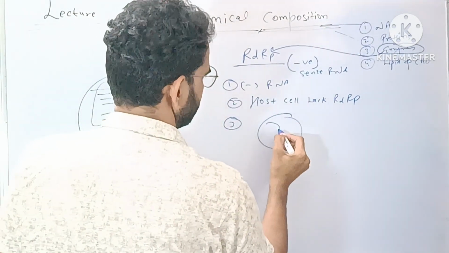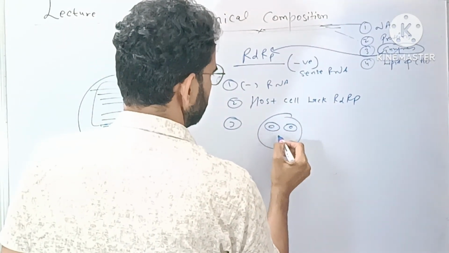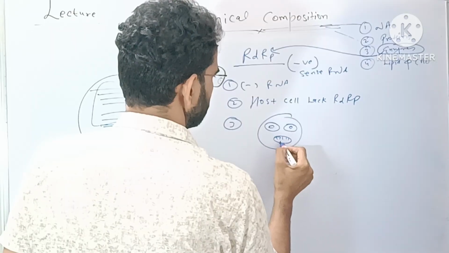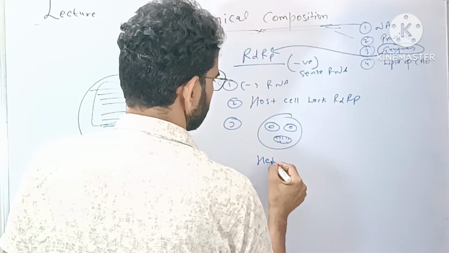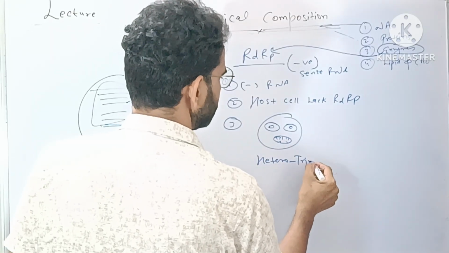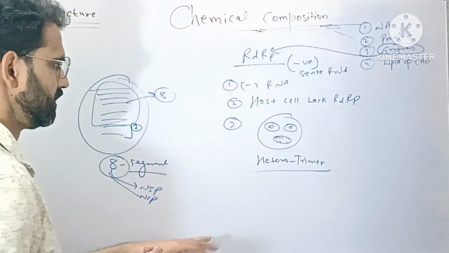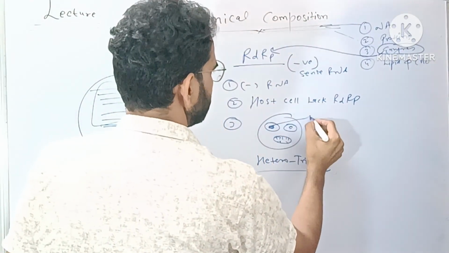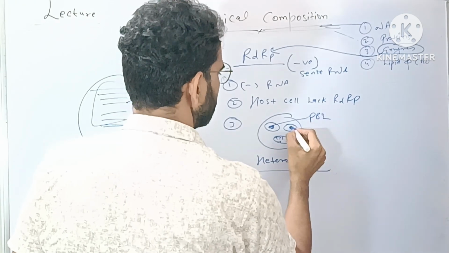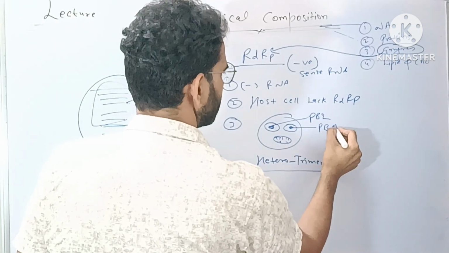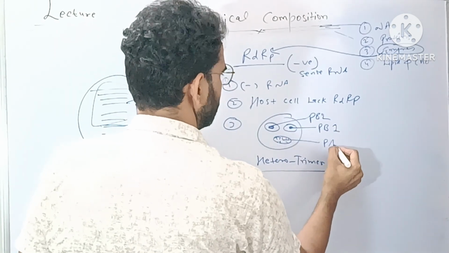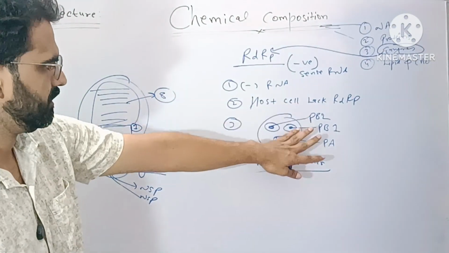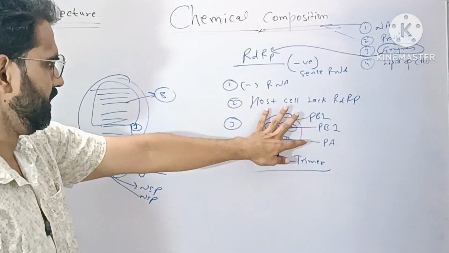This RdRp is a heterotrimer made up of 3 subunits. This is PB2, this is PB1, and this is PA. These 3 subunits make the enzyme RdRp.